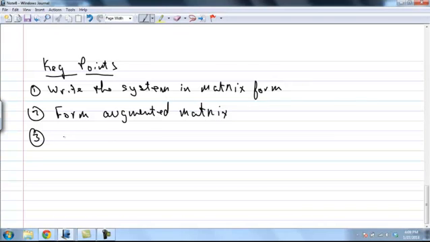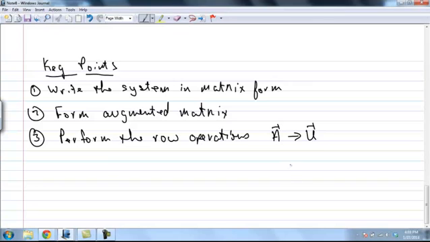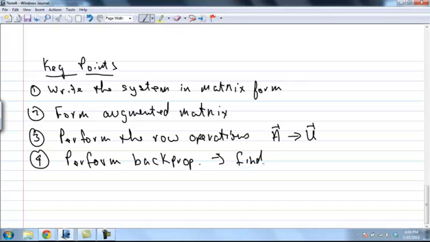Then we actually perform the row operations. The goal is to transform A into the upper triangular matrix U. Once we've done that, we perform backpropagation. The goal here is to find the values of the unknowns.